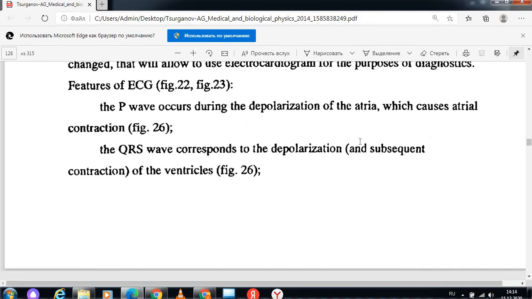Features of the electrocardiogram. The P wave occurs during the depolarization of the atria, which causes atrial contraction.